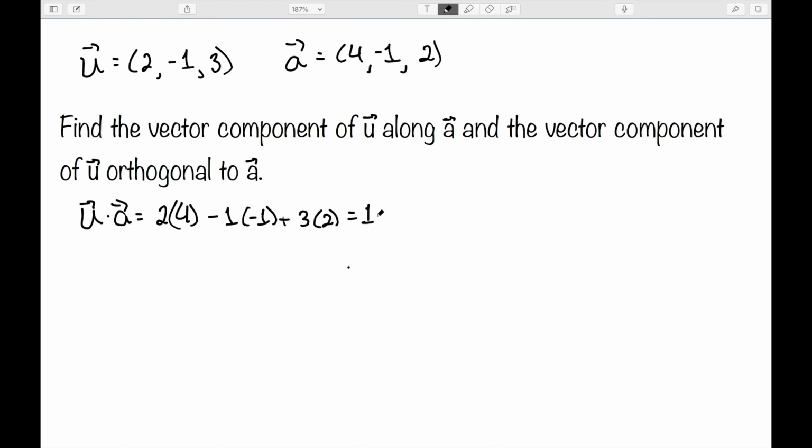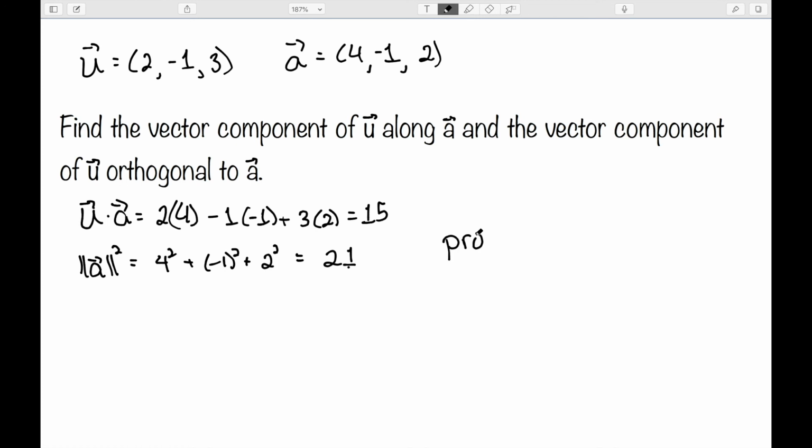And we can work that out to get 15. The second thing we're going to need is the length of A squared. So this would be 4 squared plus negative 1 squared plus 2 squared. Typically, when I take the norm, I need to square root this, but I want to square it, so we're just taking essentially A dot A. And for that, I get 21.